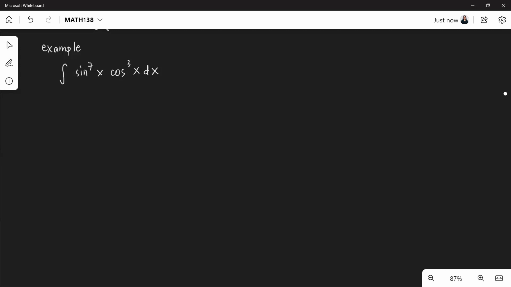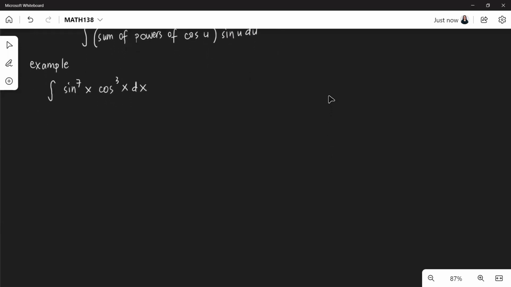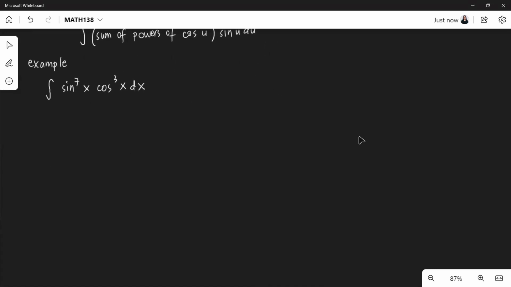So the first step again is to put aside sine u du, or sine x dx for this one because x is the variable of integration.